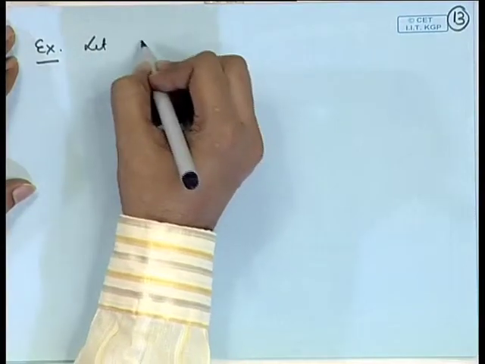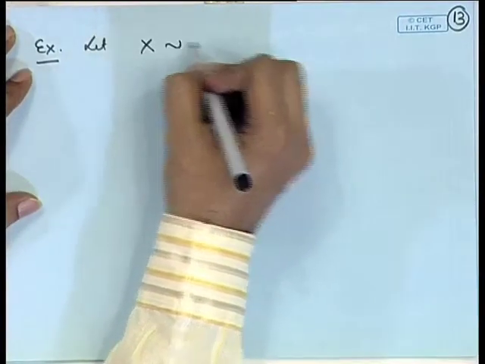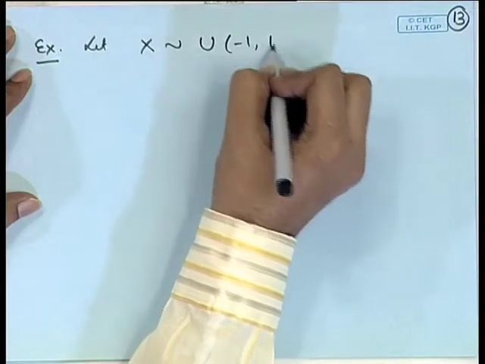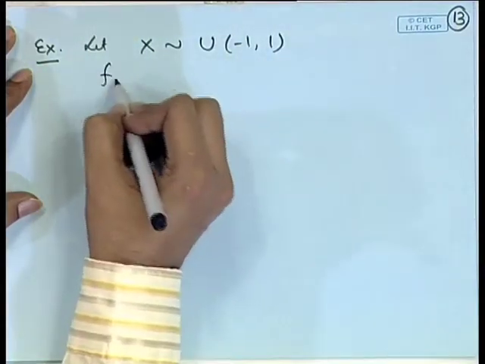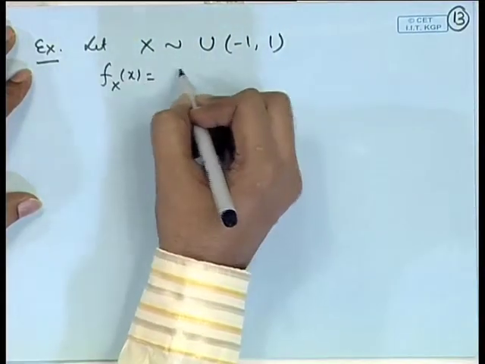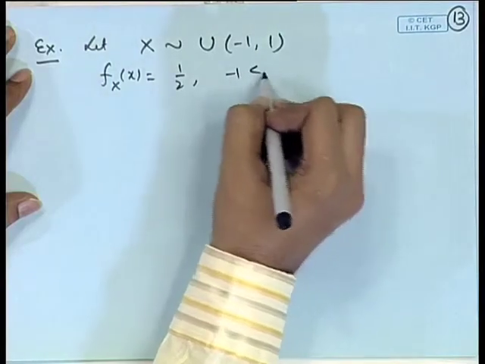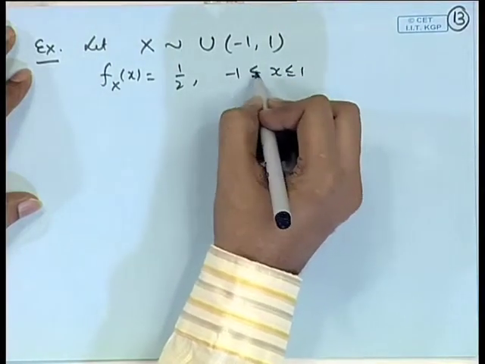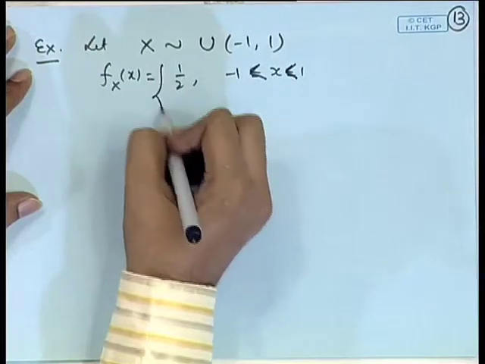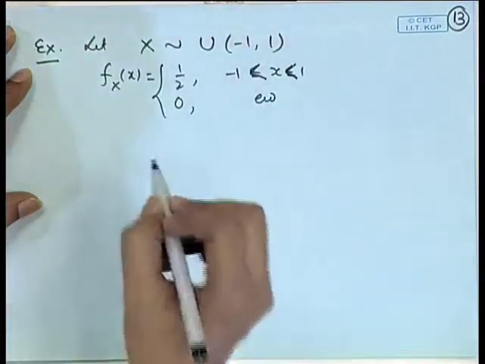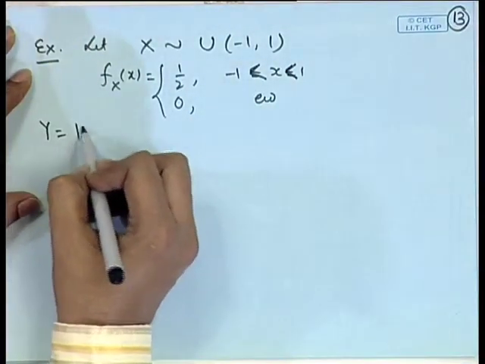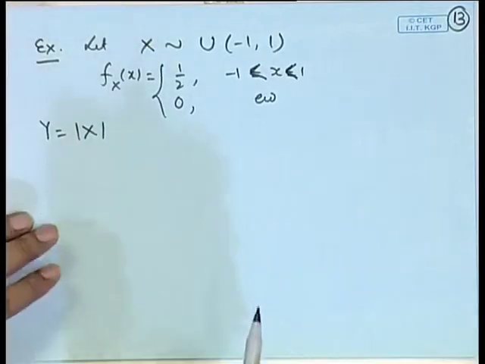Let x follow a uniform distribution on -1 to 1. So, the density function is half for -1 less than or equal to x less than or equal to 1, and 0 otherwise. Consider the function say y is equal to modulus x.